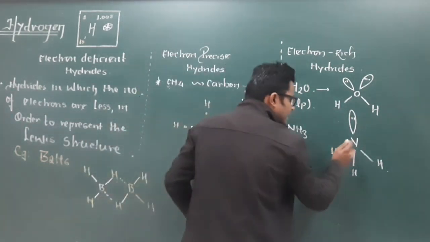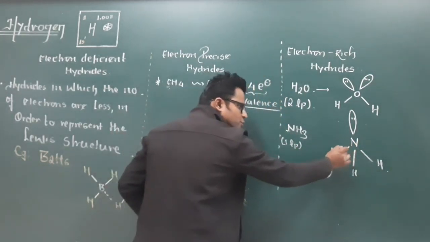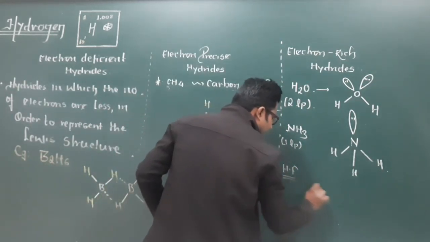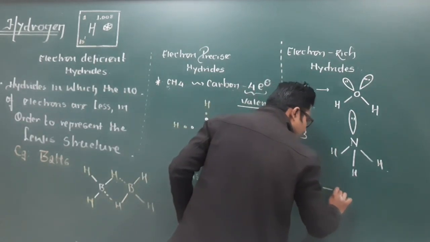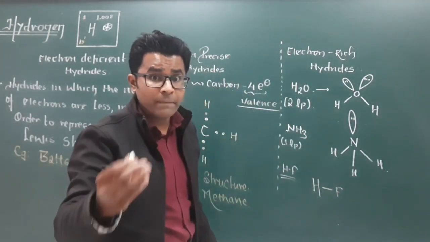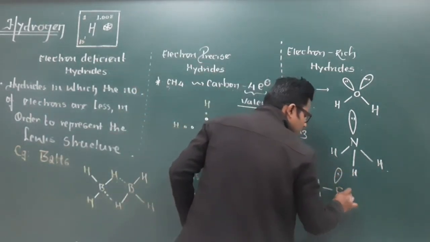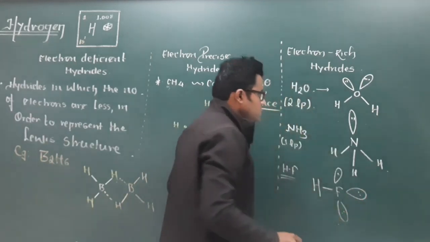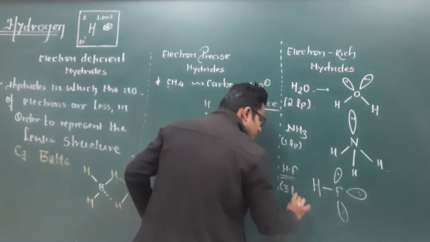Of course, we can represent this entire scenario as a Lewis structure by putting two dots over here. Not a problem. Now, when we take a look at HF, hydrogen fluoride, what will happen? In this case, there are three lone pairs of electrons. 1, 2, 3. So there are three lone pairs of electrons in the case of HF.